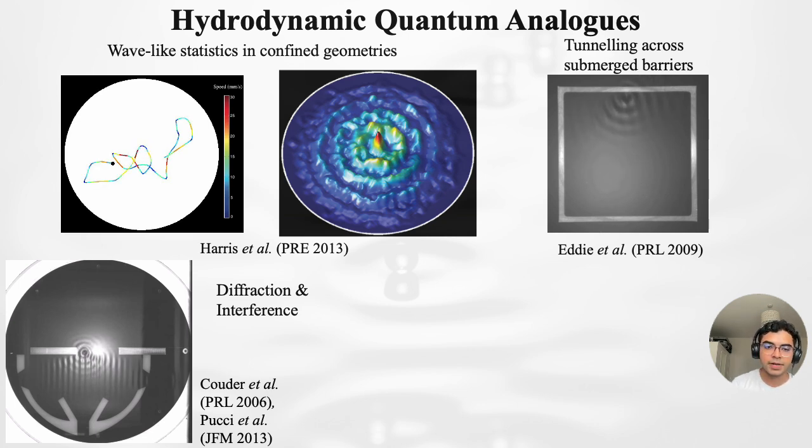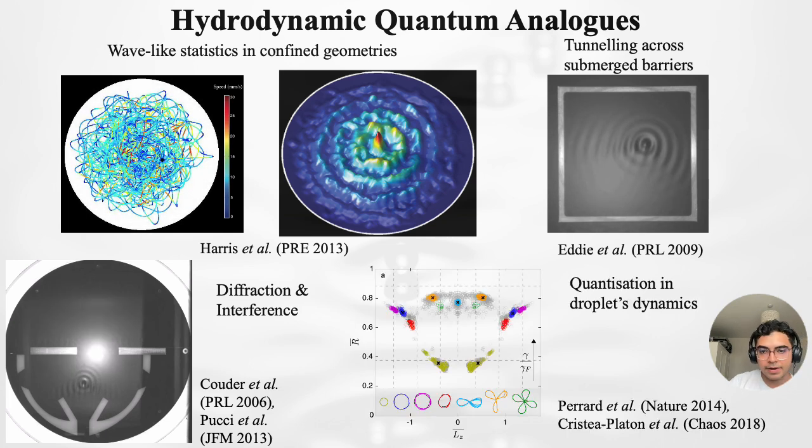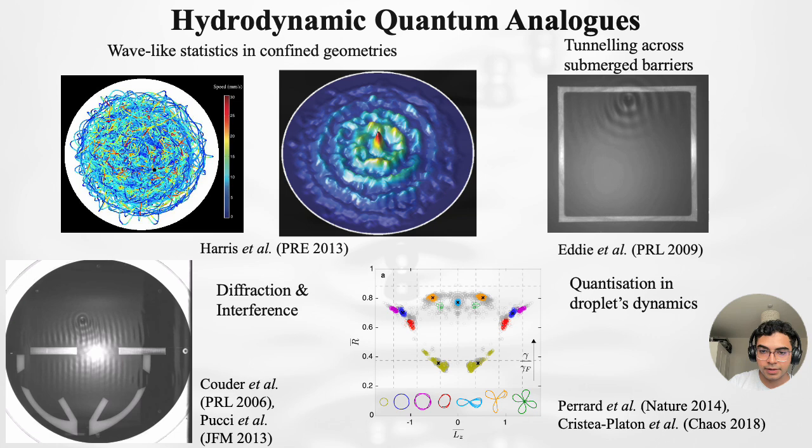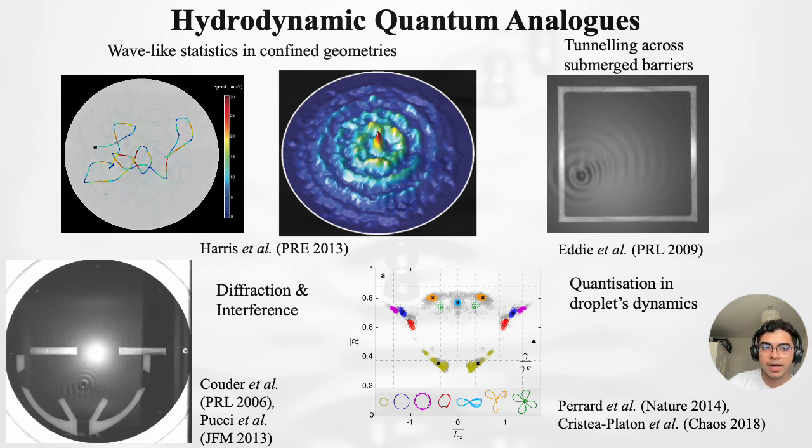If the droplet is fired at a single slit or a double slit setup, then you can get diffraction and interference patterns appearing. And then you can also have an analog of quantization, where if you confine the droplet in a harmonic potential using a ferrofluid and magnetic fields, then you'll get a discrete set of limit cycle orbits for the droplet. So these are some examples of different hydrodynamic quantum analogs that these active wave particle entities exhibit.